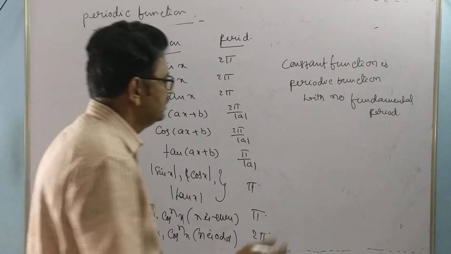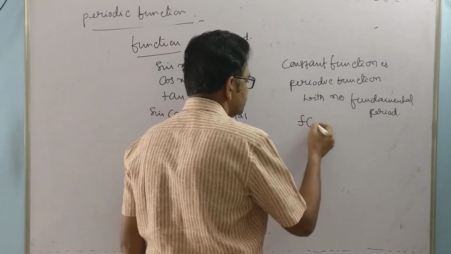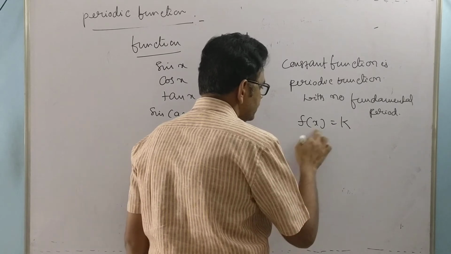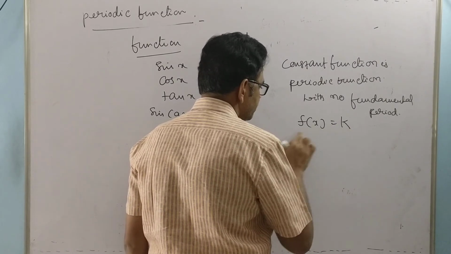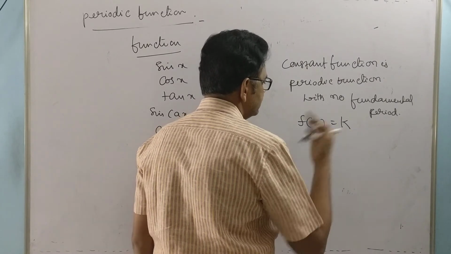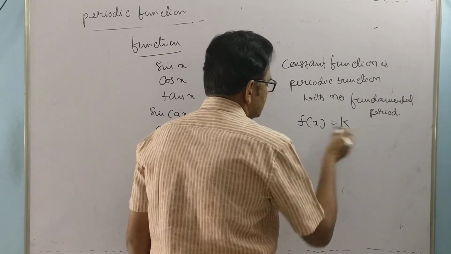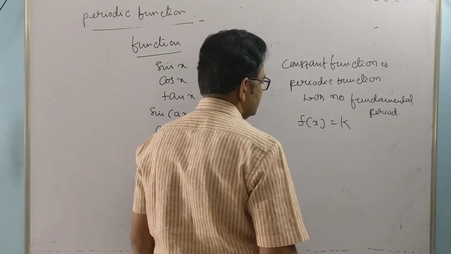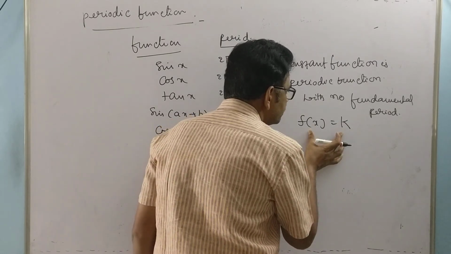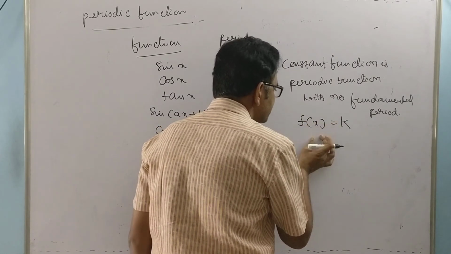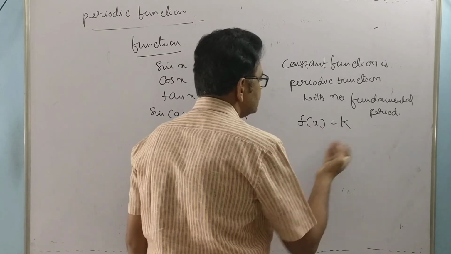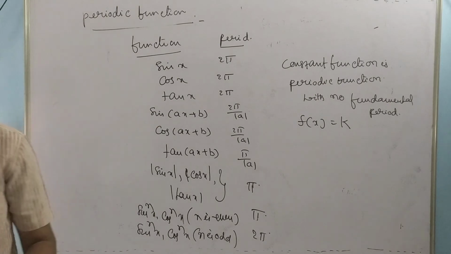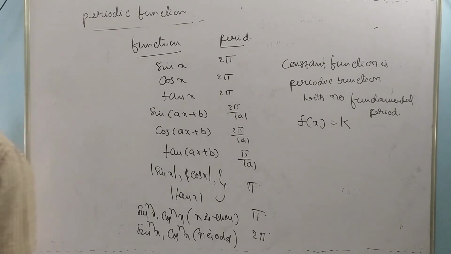That means what? Suppose you take f of x equal to a constant, meaning f of 1 equals k, f of 2 equals k, f of 3 equals k, f of anything is k. So this is called a constant function. For any value of x, it is always constant. This is a periodic function, but we cannot say the period, so that is called no fundamental period. Next point.